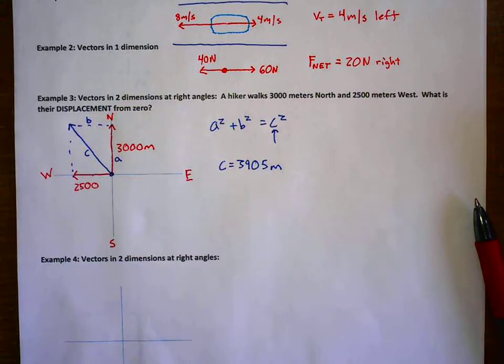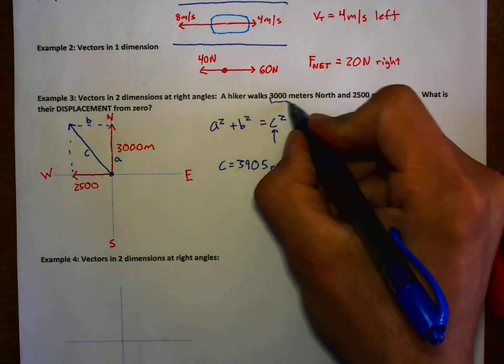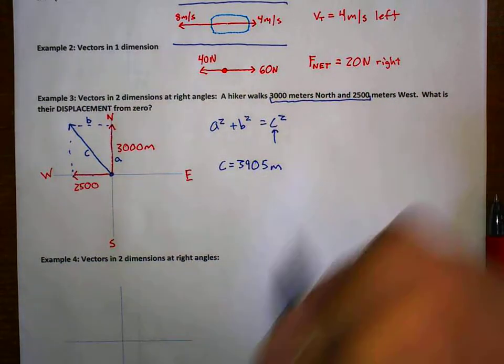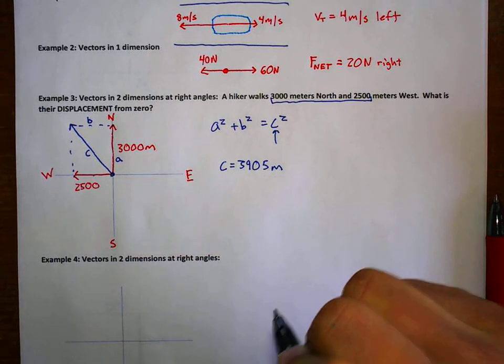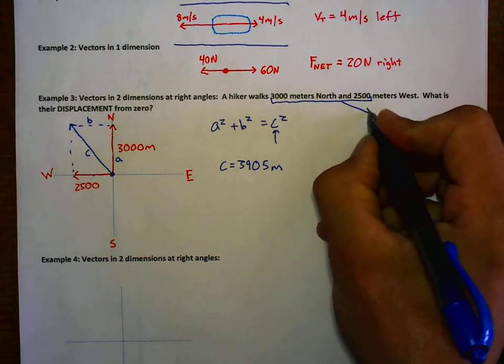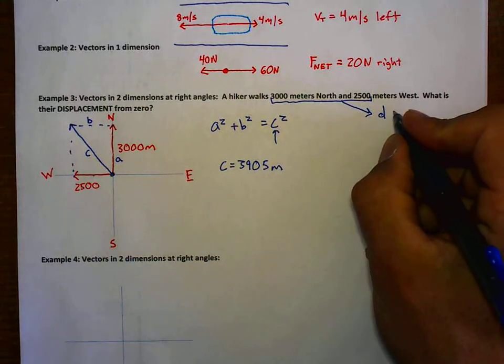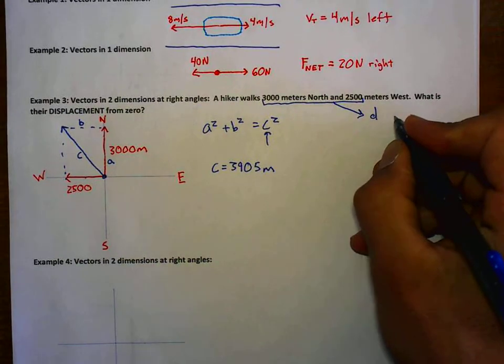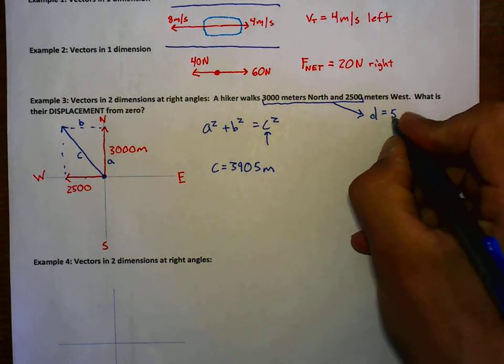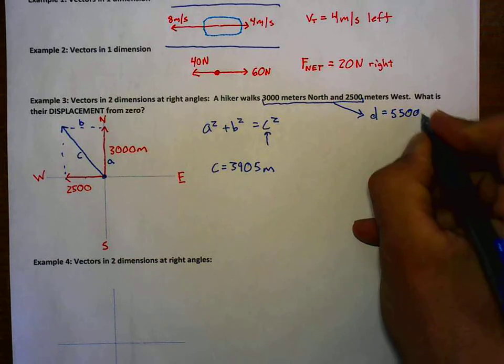That's displacement. Now their total distance traveled, notice if I just add these, I'm not taking into account direction. Okay, so we could say over here D is equal to 3,000 plus 2,500, or 5,500 meters.